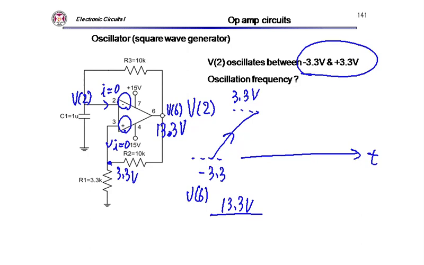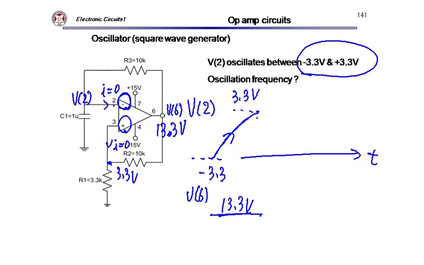So because of this RC circuit, the capacitor keeps on charging, and it increases toward this voltage. When it reaches 3.3 volt, this negative input tries to be larger than the positive input.